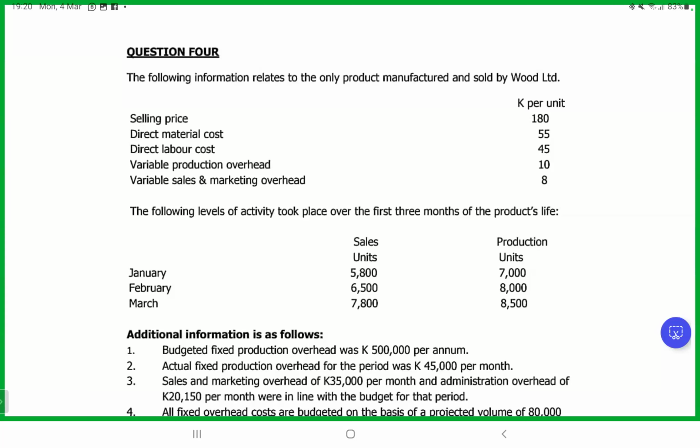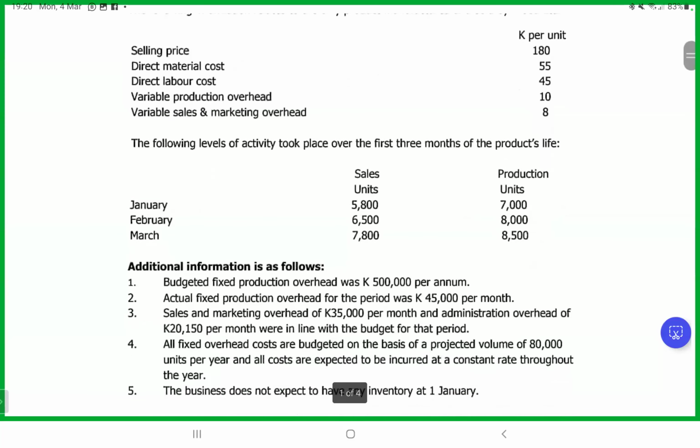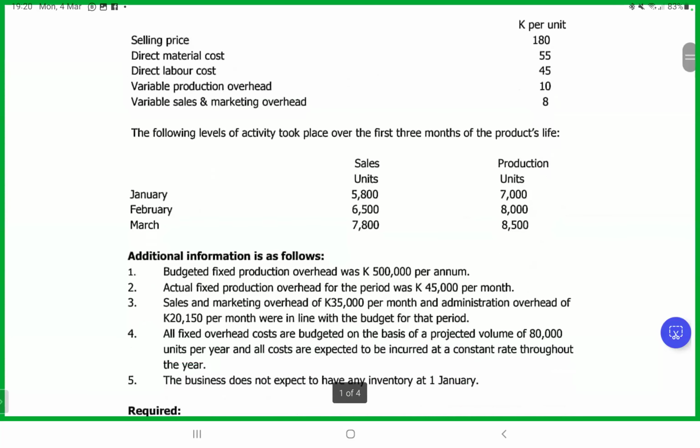Then you also have the variable production overheads cost, standing at 10. And then you also have the other costs, the variable sales and marketing overheads at 8. The other data you are given are the levels of activity, or the units that were produced in the month, for the 3 months: January, February, and March.